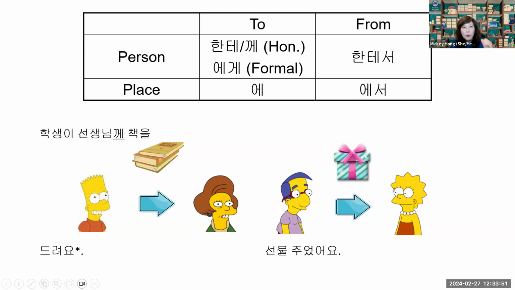If the older person is giving something, you say 주세요 or 주셨어요. So the older person is giving somebody else, equal or younger, something. 선물 주었어요 or 줬어요. This can be contracted or it can be as is, 주었어요. 밀하우스가 리사한테 or 에게 선물 주었어요 or 줬어요.